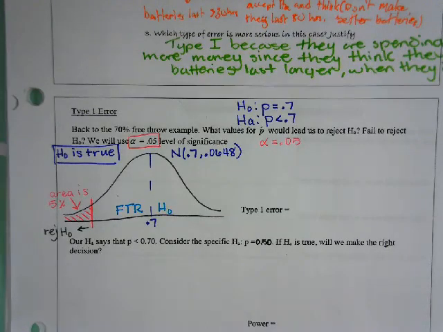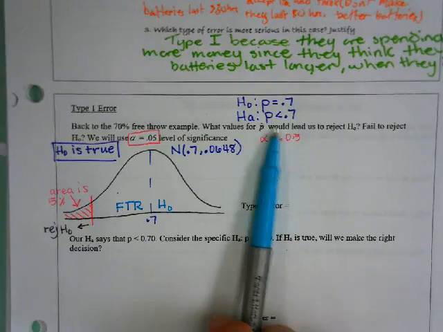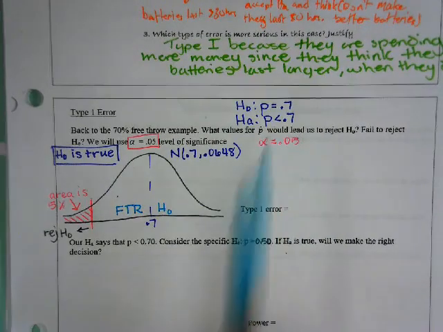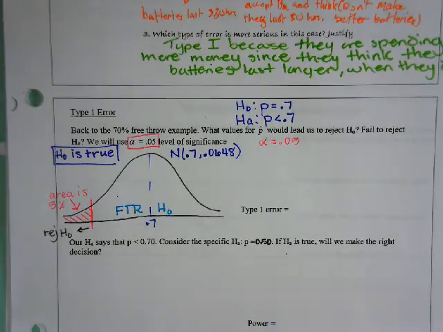But for now, we're just working with the alternative that she's less than. She just claims to be a 70% free throw shooter, not 70% or better. She'd also reject it if it's more than. That would be if it was not equal to, but we're strictly saying less than.